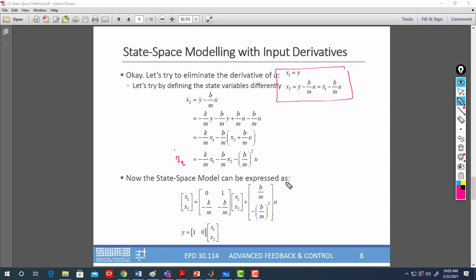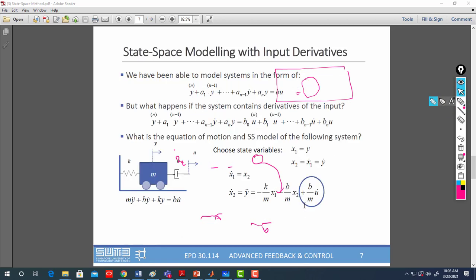Now the state space model can be expressed as the following, where this is A and this is B. You see it's written now in terms of u, so you can find A and B. If it was u prime, you cannot. That's why we impose x2 equal to this. Actually, we always get u prime, but in addition we added b over m u. Why did we add this b over m u?